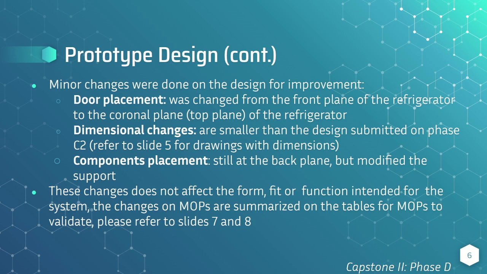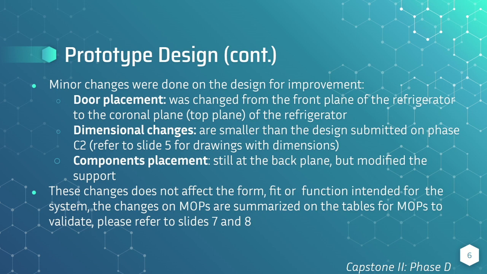They are still at the back plane of the design, but the type of support for those components was modified. Previously, some were inserted into the design, and others had a little slide to be supported.